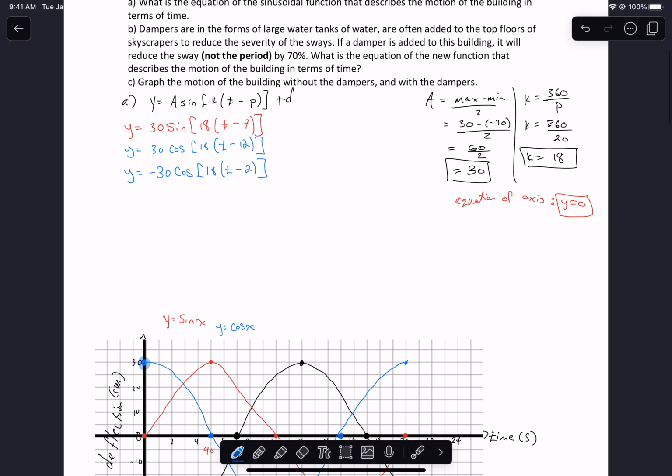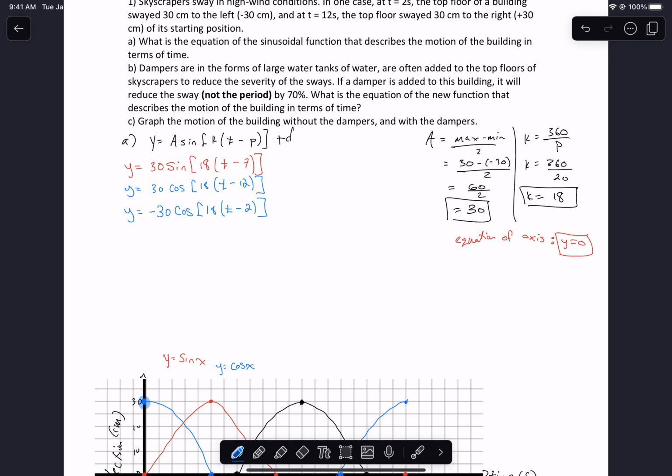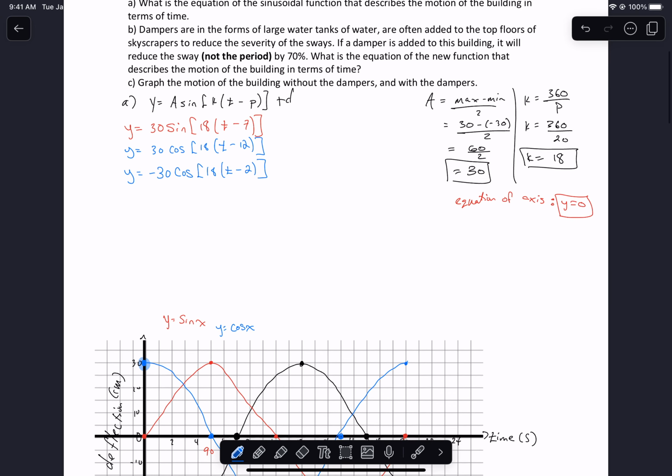So in part B, the question is asking us if dampers are introduced in the form of large water tanks at the top of the building, that's going to suppress the amount of deflection or sway that happens to the building. They're saying that the dampers decrease the amplitude, or how much swing is happening, by 70%.